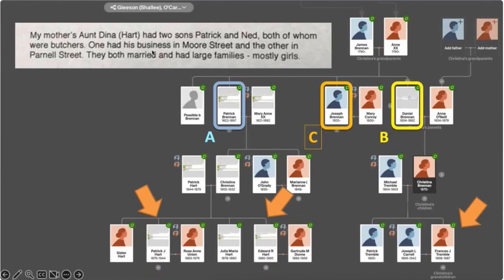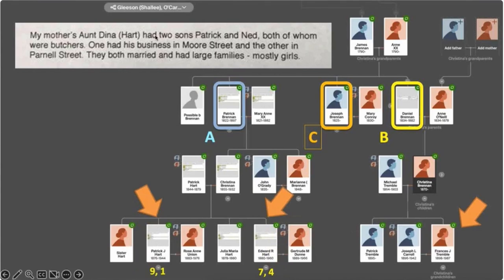It said one of them had a business in Moore Street, and that was my grandfather, and the other in Parnell Street, and that was his brother. They both married and had large families, mostly girls. Well, my grandfather had 9 girls and 1 boy, and his brother had 7 girls and 4 boys.